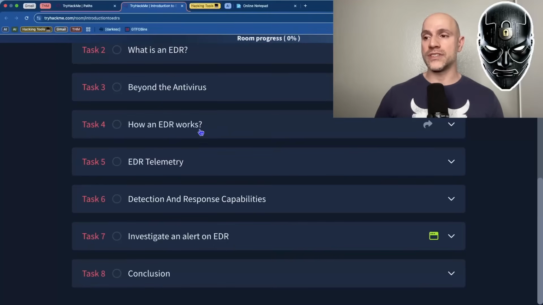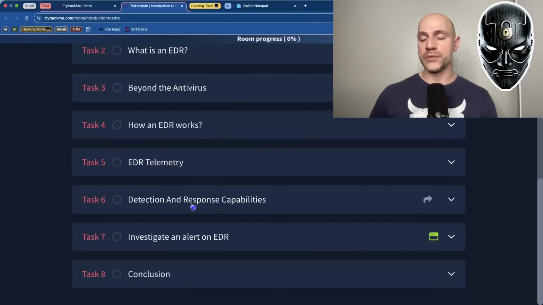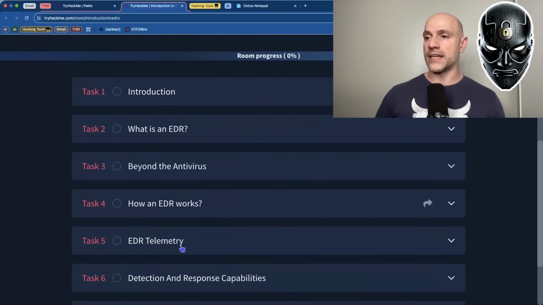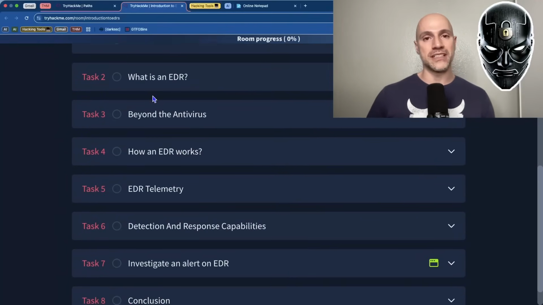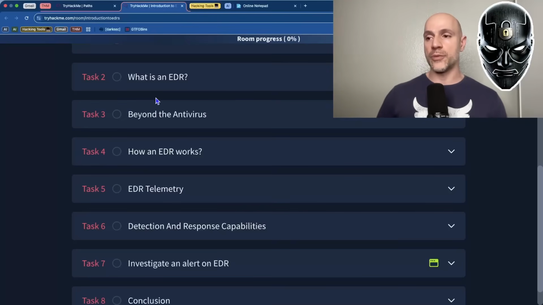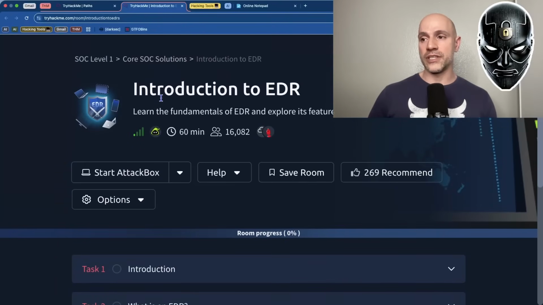How it actually works, the telemetry, which is a very important concept behind endpoint detection and response, detection and response capabilities, investigating an actual alert. So there's a practical exercise that we're going to get a chance to do inside of the SOC simulator. And of course, the conclusion. The timestamps of all of these things are going to be in the description below. So if you want to jump around or if you want to get to a certain section or review a certain section, all of that stuff is available to you.